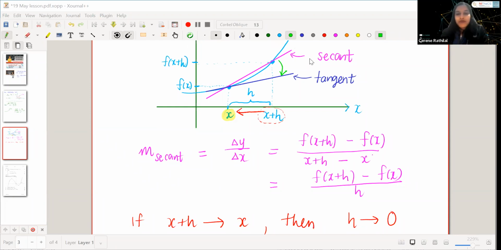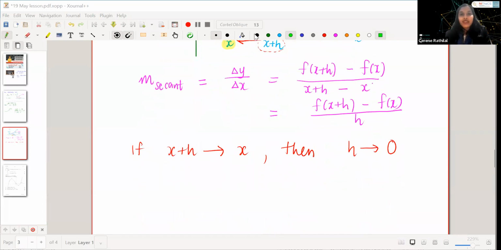So now, when h tends to 0, that secant line drops into a tangent. And so now we can ask ourselves, so what is the gradient of the tangent line? Based on this relationship that we've just looked at, the gradient of the tangent line is equal to the limit as h approaches 0.